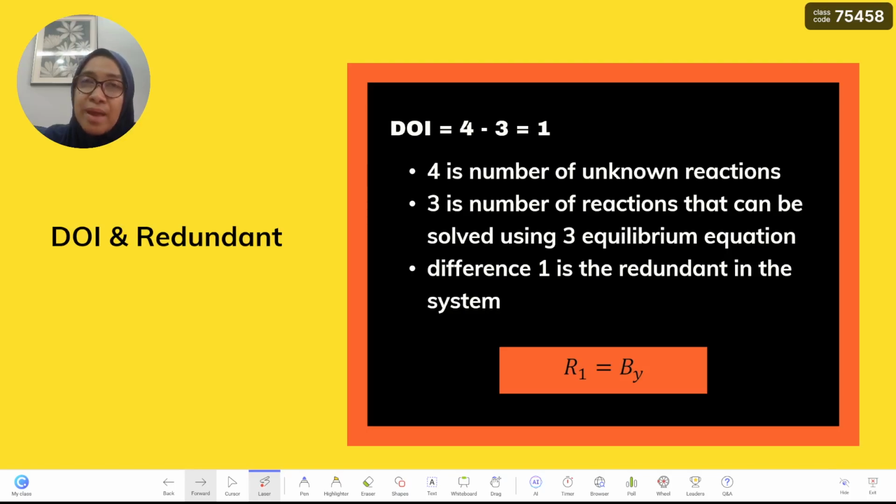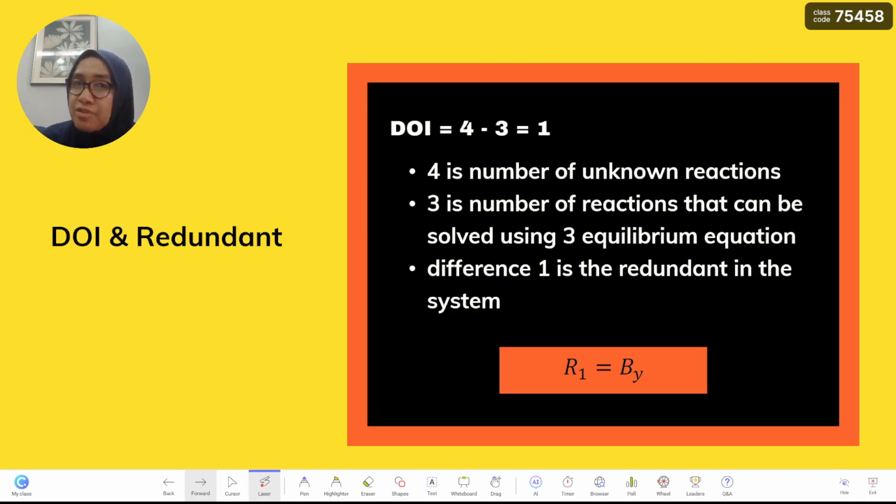That is why we have to apply another equation, and that equation we derive based on the principle of superposition. From that we derive what we call the compatibility equation, and the derivation of the compatibility equation I have explained previously.